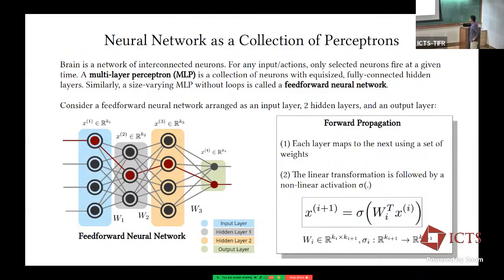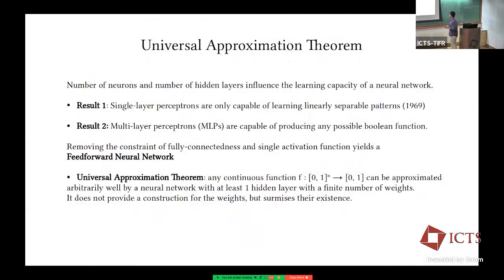So when you collect many of these perceptrons in a certain way where your information is propagating just from left to right as arranged here, and your activations for all the layers are identical, then you get what is called a feed-forward neural network. Okay, but then you can ideally have different activations at different levels. You can have different sizes for different levels, and so on. There is a lot of freedom in what architecture you go for.